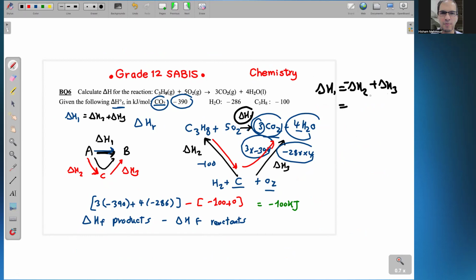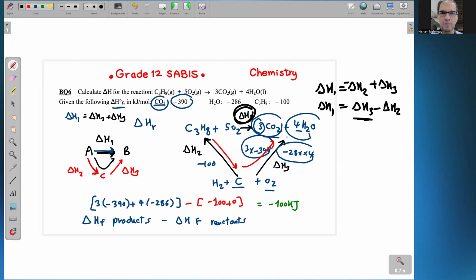I can just shift these two, make it delta H3 minus delta H2. So actually delta H1, which is required to find, is equal to delta H2 reversed plus delta H3, which is not reversed. So I just changed the signs: minus delta H2 plus delta H3.